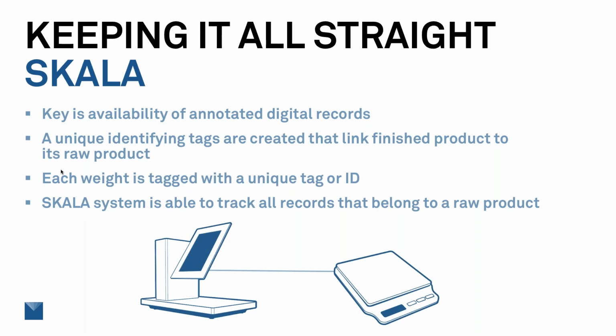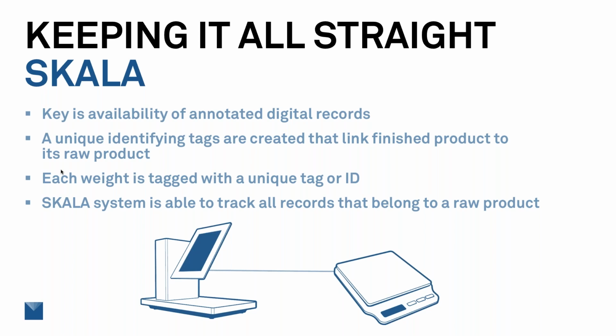So you can see that based on those calculations in the previous slide, it's going to get pretty complex pretty fast. Trying to keep that identity straight using written records is pretty much impossible. It's just too much to do when you have all kinds of other things to do. The key to making this work is the availability of annotated digital records, where the system makes a unique identifier for all of the material leaving from one batch of raw ingredients.